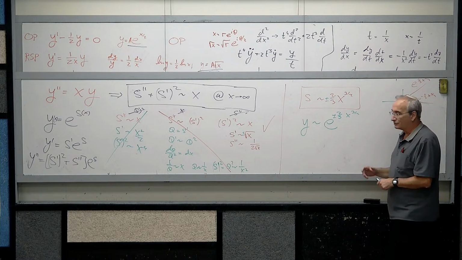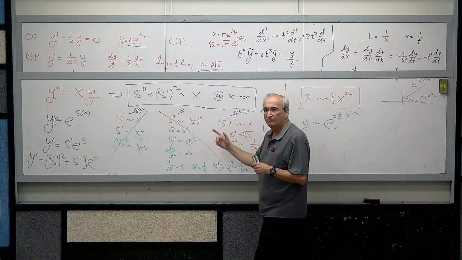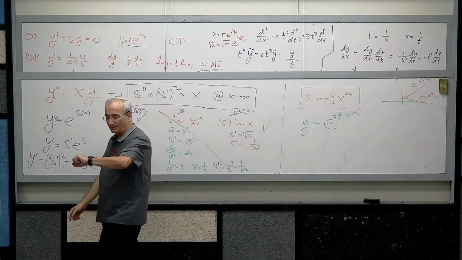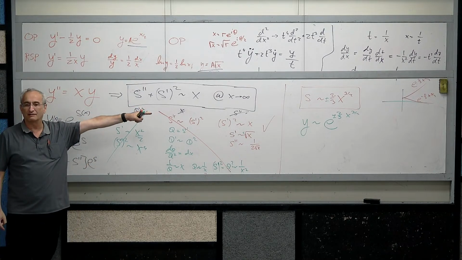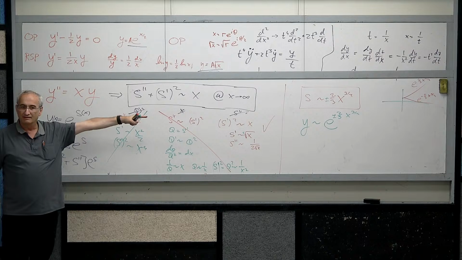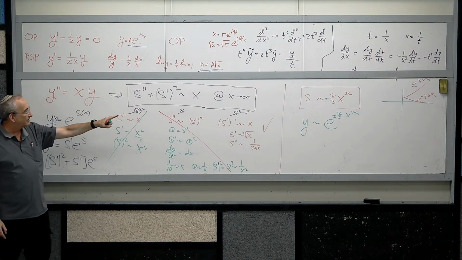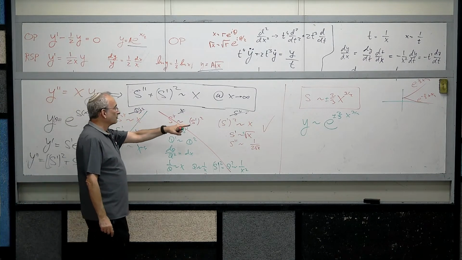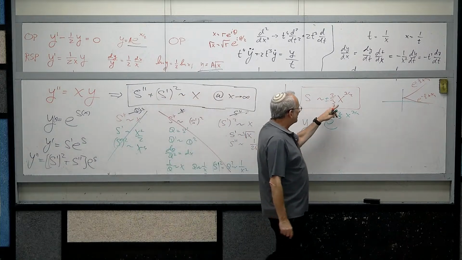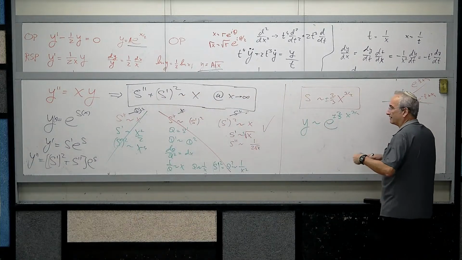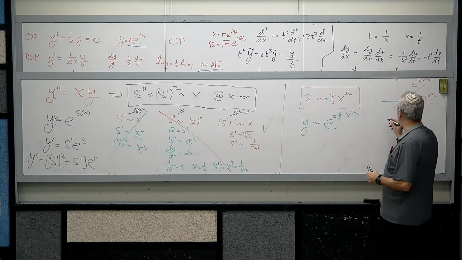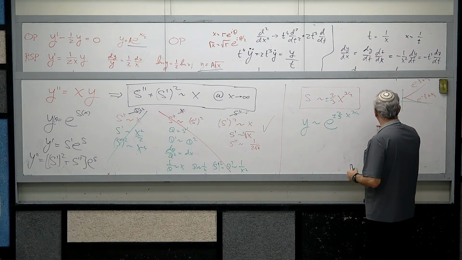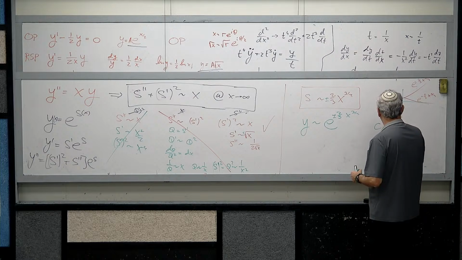So see how easy it was for us to write down the behavior of the Airy function as x goes to infinity. What we did here is, in the technical jargon, called calculating the controlling factor.